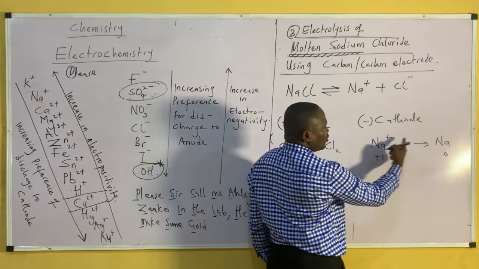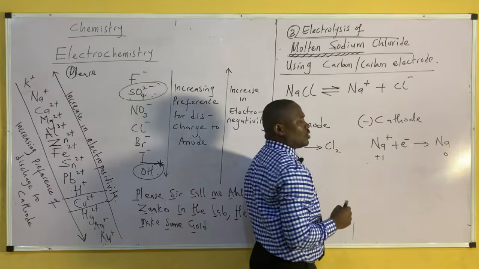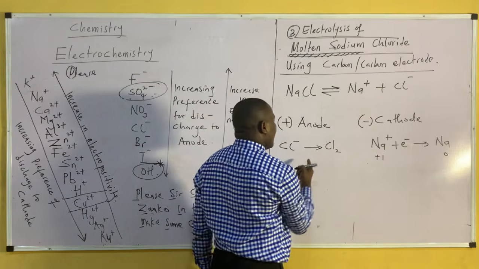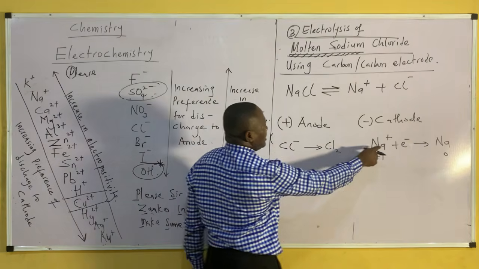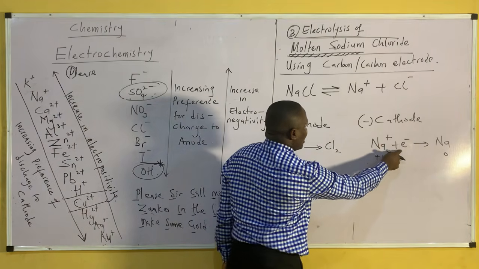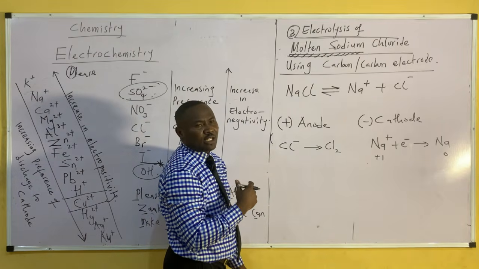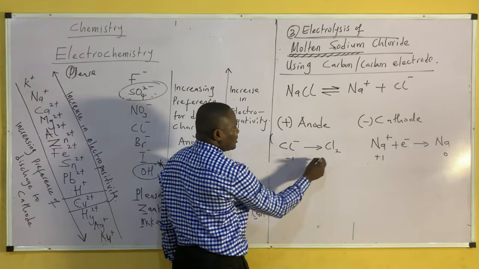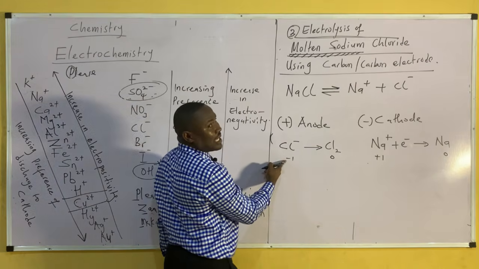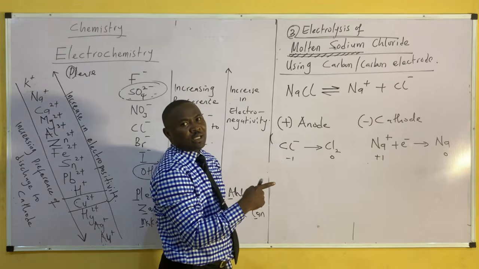So this is +1, this is 0, so plus e-. While here, I will do it in this format: add electrons to the side with a higher charge, but in this case, subtract electrons from the side with a lesser charge. This is -1, this is 0. So -1 has a lesser charge, so subtract electrons from the side with a lesser charge.